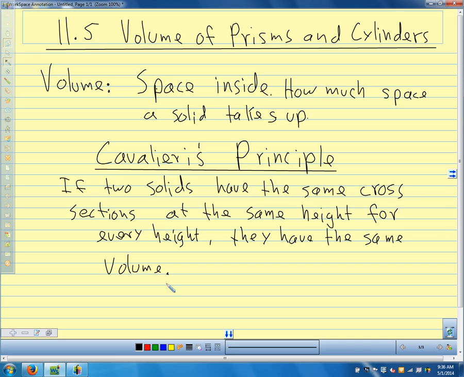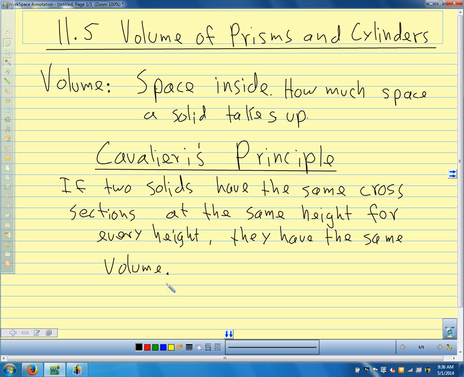Here is my solid. This stack of books is my solid. The cross-section of a stack of books, if I slice it parallel to the table, is a rectangle, the shape of the book. Does the solid that I got when I shifted those books over have a different cross-section?